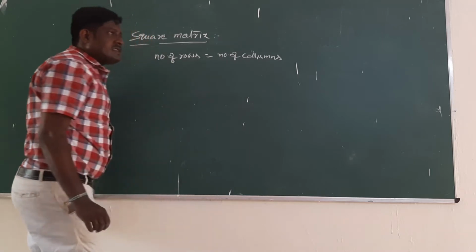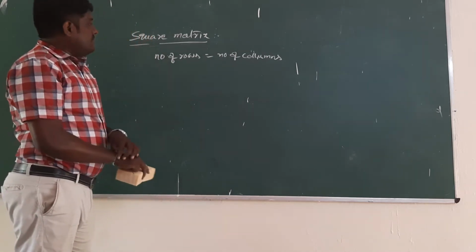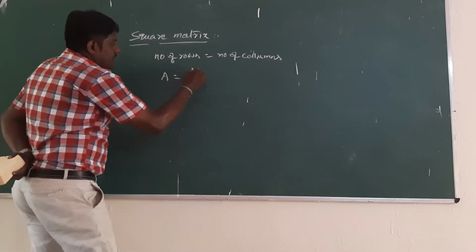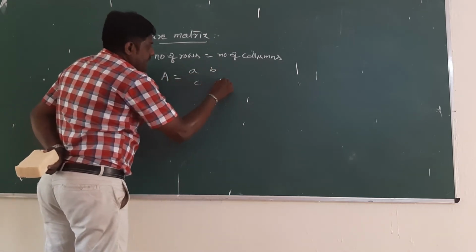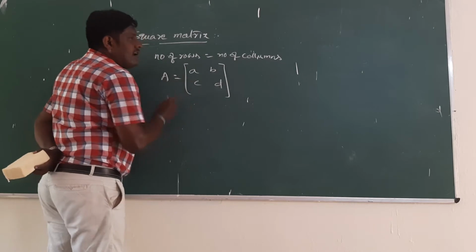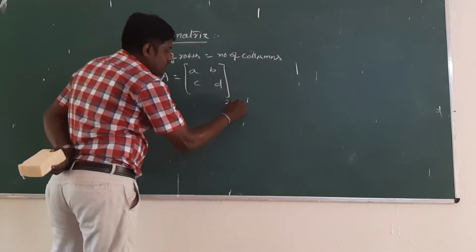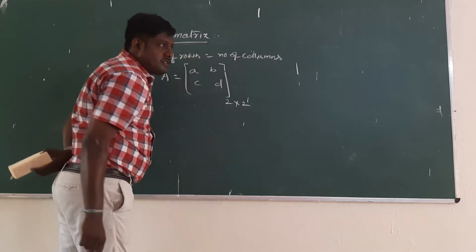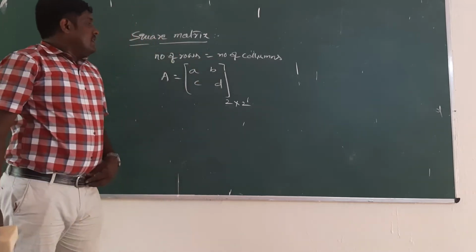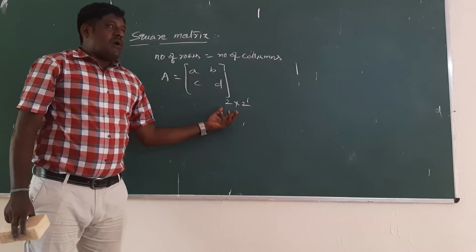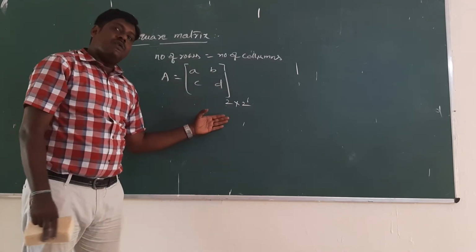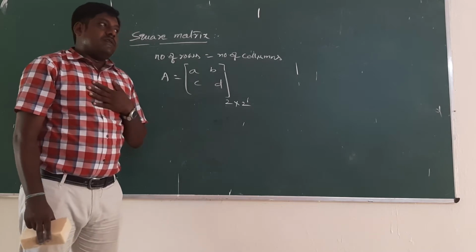See one example: matrix A, B, C, D. What is the order of this matrix? 2 by 2, because it contains 2 rows and 2 columns. So this 2 by 2 matrix is also called a square matrix, because the number of rows is equal to the number of columns.